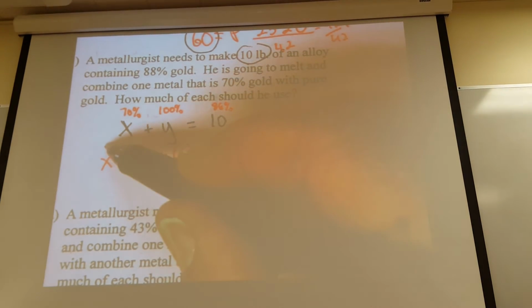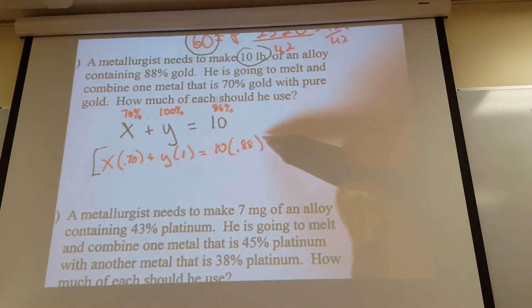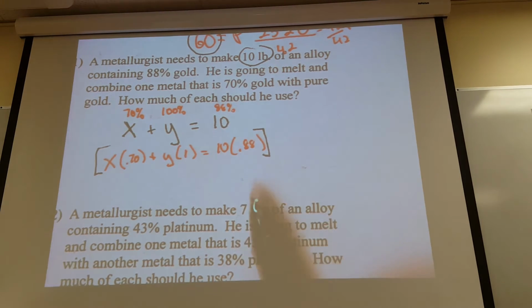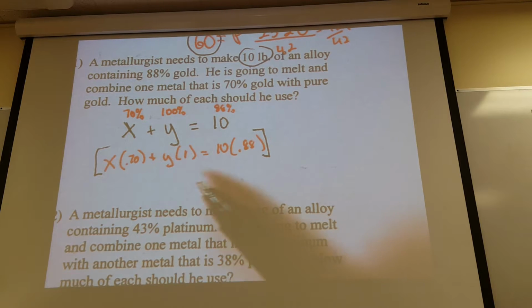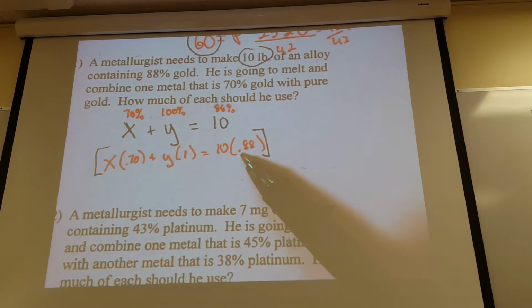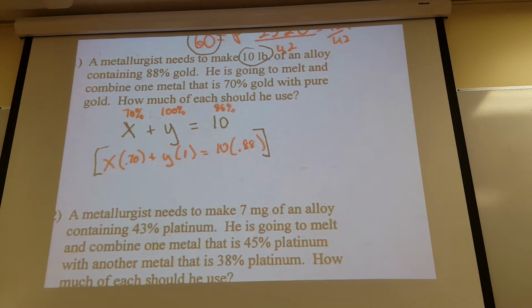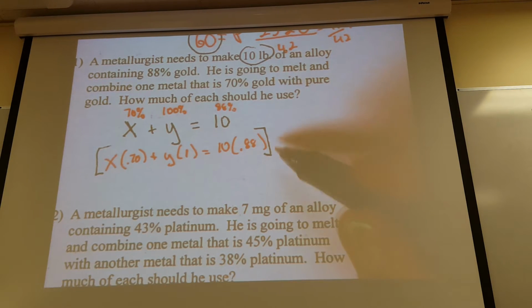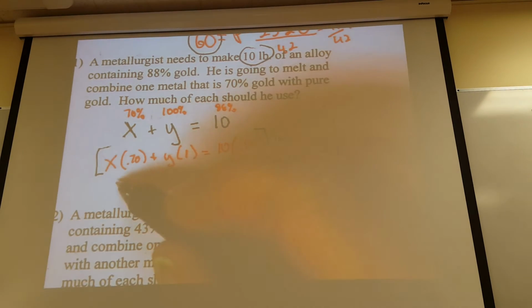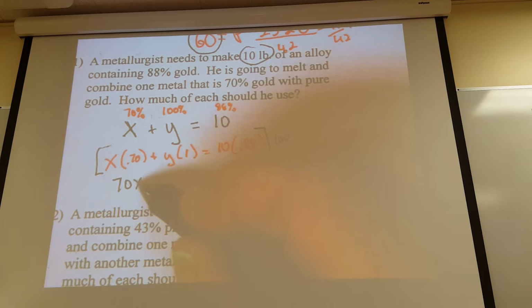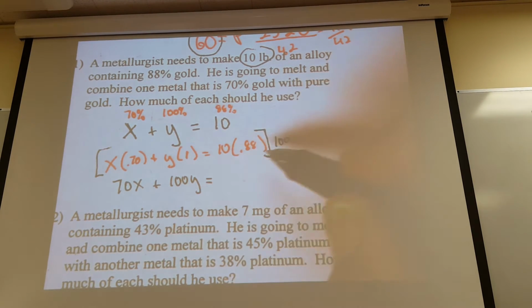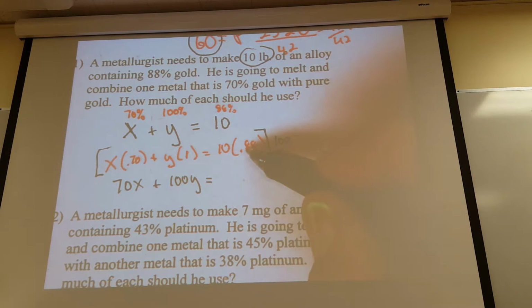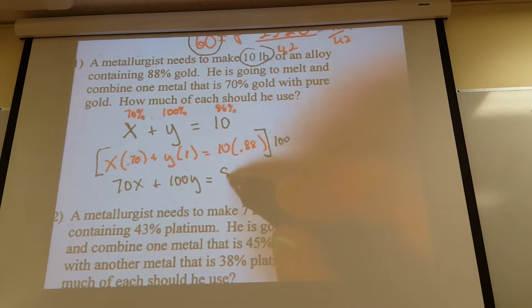Now, we don't like to work with decimals, so we want to multiply this by a number so that there's no decimals. Now, there's 2 decimals here, so what are we gonna multiply by? 100. So that would be 70x plus 100y equals, now that's 10 times 88, or 880.